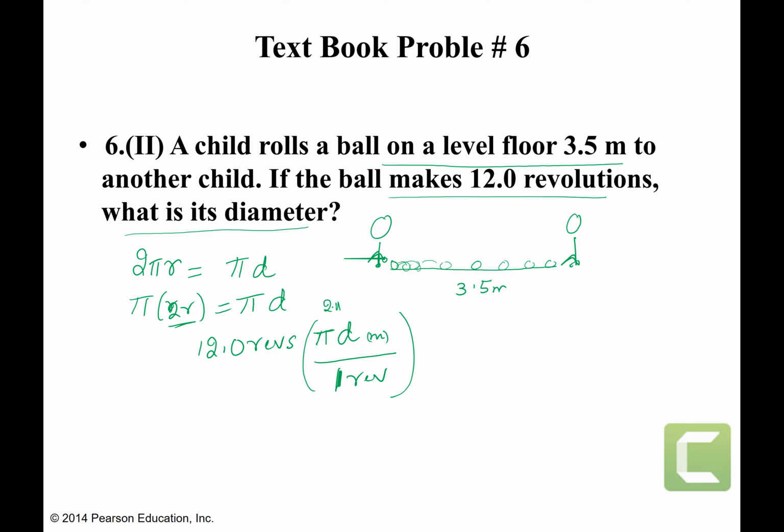We are using the conversion: 12.0 revs, if I have to convert them into the diameter pi d, so rev and rev go away. We are left with 12.0 times pi times d over 1 rev. That is equivalent to 3.5 meters. So that's what is given already.